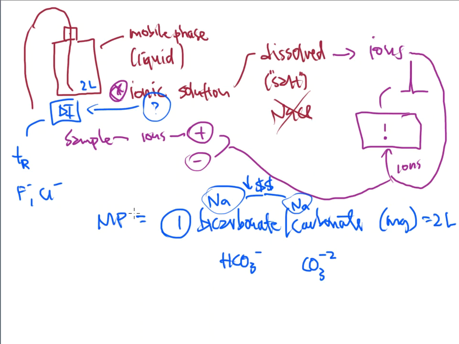We can get those ions from a number of different chemicals that we can order in a lab, and sodium just so happens to be the cheapest and the most common. So because of that, that is what we decide to use in our instrument. So sodium bicarb, sodium carbonate, milligrams of each one of these dissolved in 2 liters of a solution, and this frees up the bicarbonate ion, HCO3 minus, and the carbonate ion, which is CO3 minus 2.